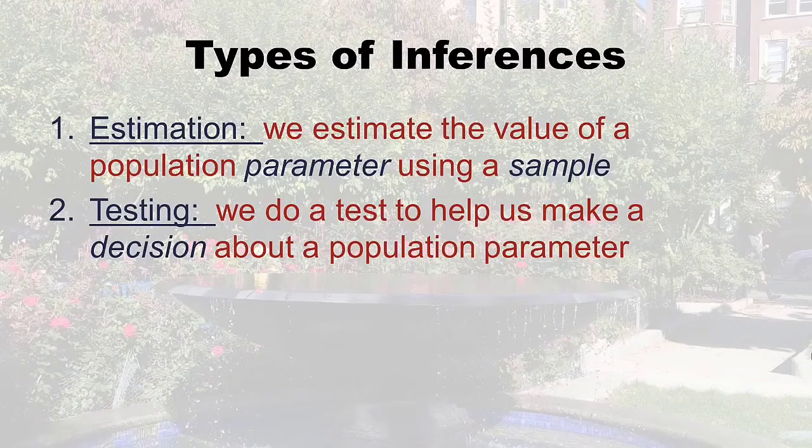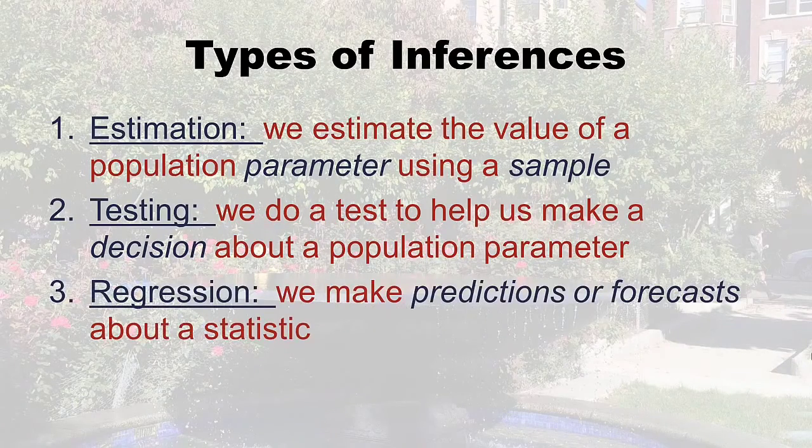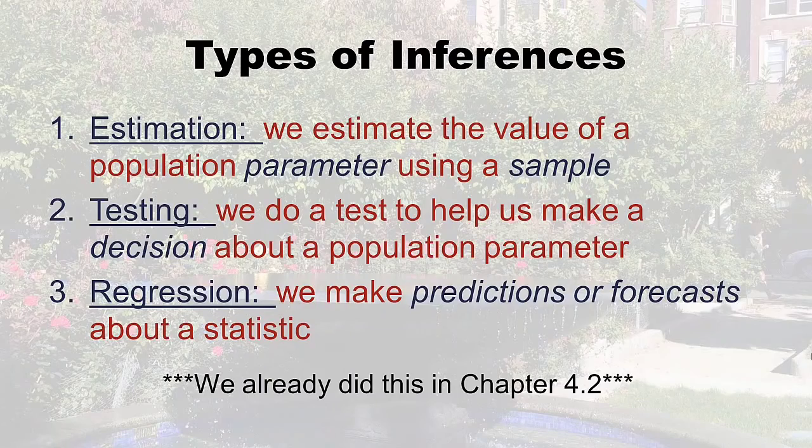In other words, we don't know one, but we want to make a decision about it, so we do a statistical test. And we're not going to get into that. That's in chapter 9. Finally, there's regression, where we make predictions or forecasts about a statistic. That's a third kind of inference, and we actually already did this in chapter 4.2.